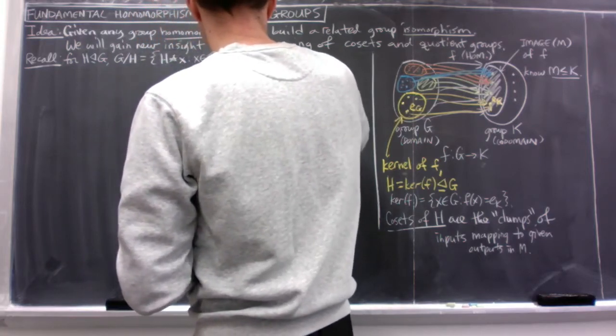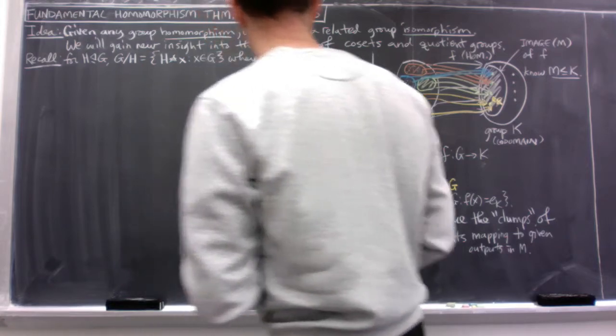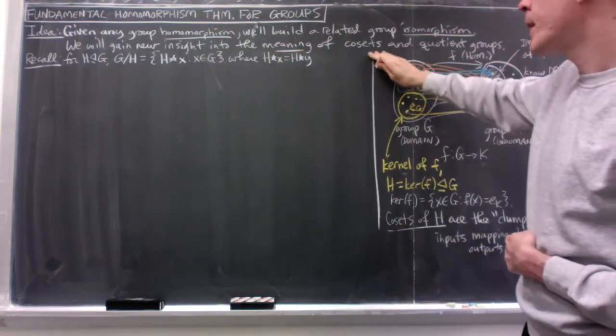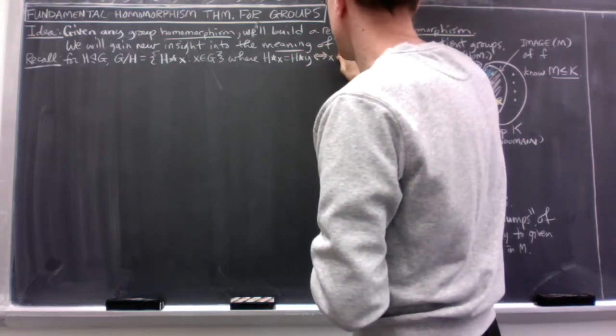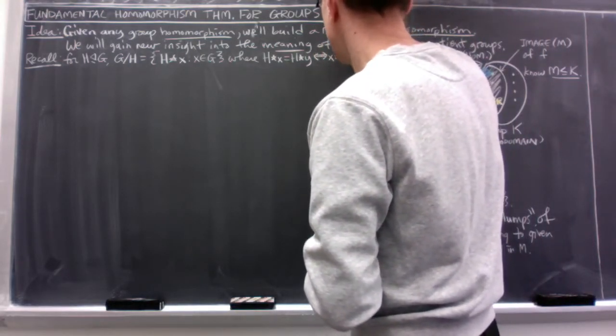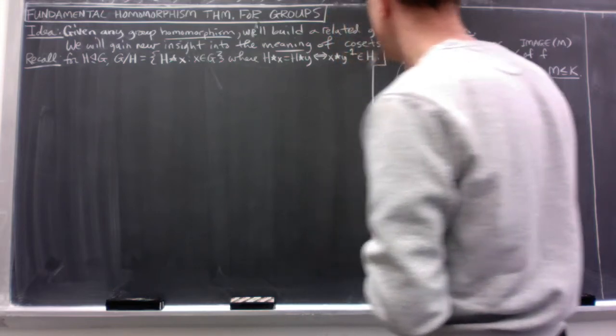And one of the important things about these cosets is when are they equal? H star x is equal to H star y if and only if x star y inverse belongs to H. That was the right coset equality here.